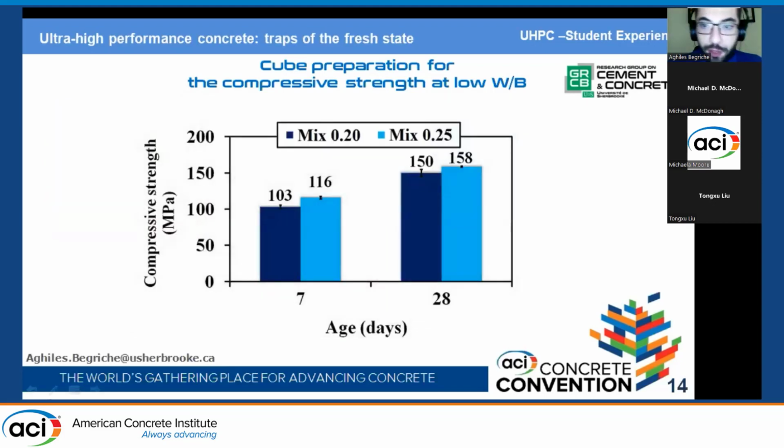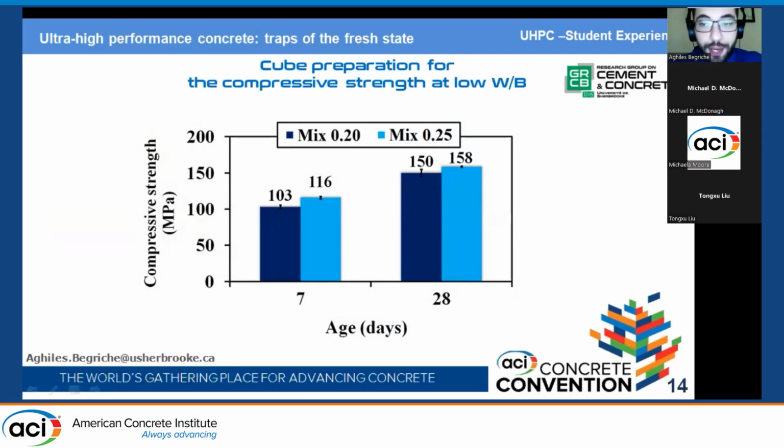As an example, this graphic presents the comparison between two mixtures of 0.20 and 0.25 water to binder ratio, and 0.25 shows higher strength both at 7 and 28 days compared to the 0.20 mixture results.